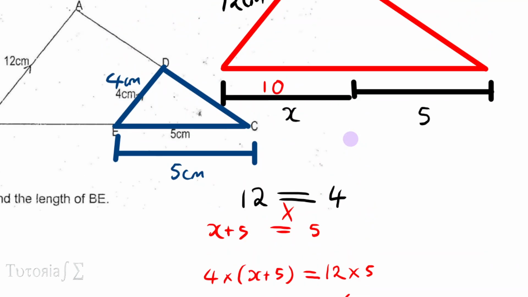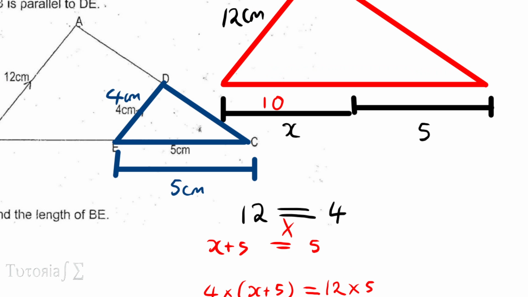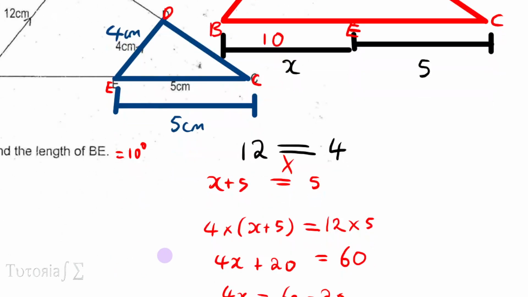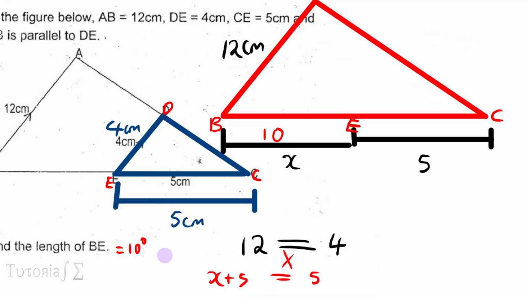So meaning that, if you were to write, this is your E, D, C. Then here you have your A, C, E, he is here, E, then B. So here your BE is 10, which you've found here, which is your x. So that is another way you could have done this.